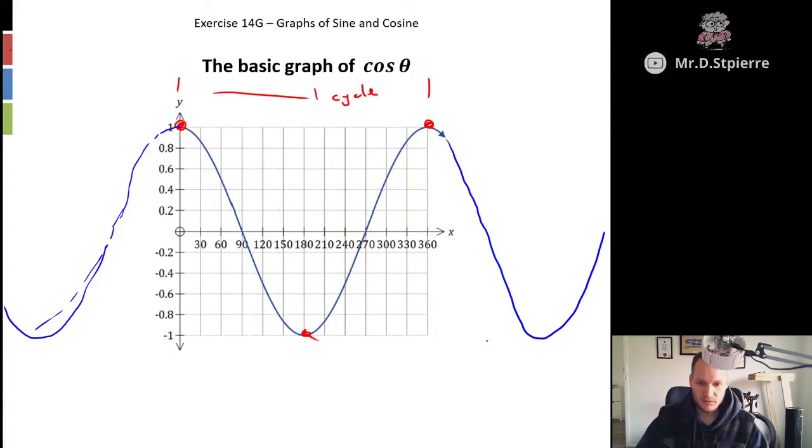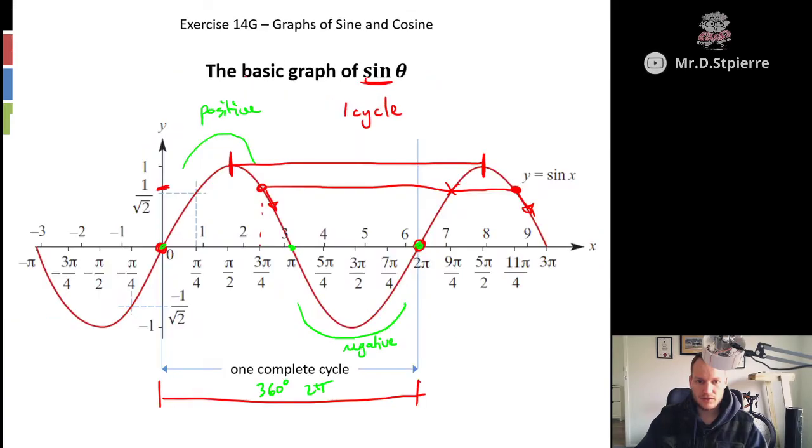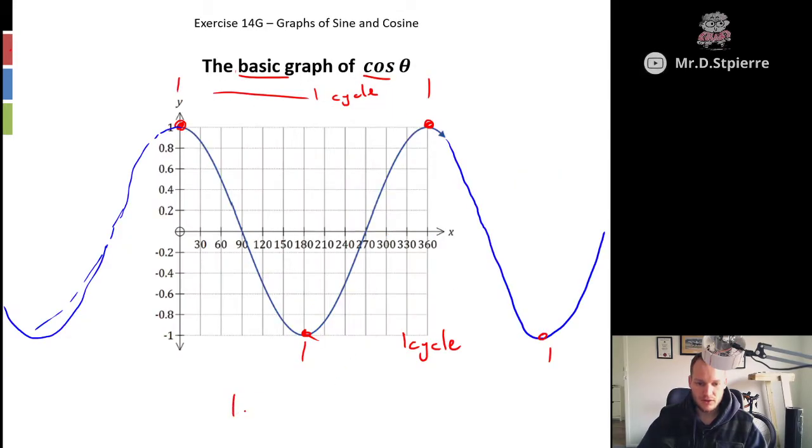From there to there is also one cycle. And in all of these cases, for the basic cos and the basic sine, one cycle for a basic graph is always equal to 2 pi, or 360 degrees. So that's how long it takes us to revolve around the unit circle.